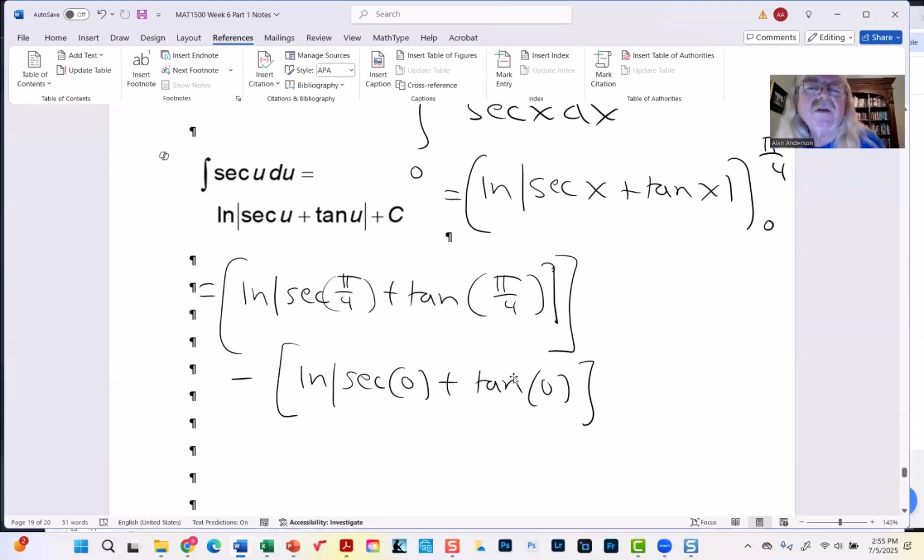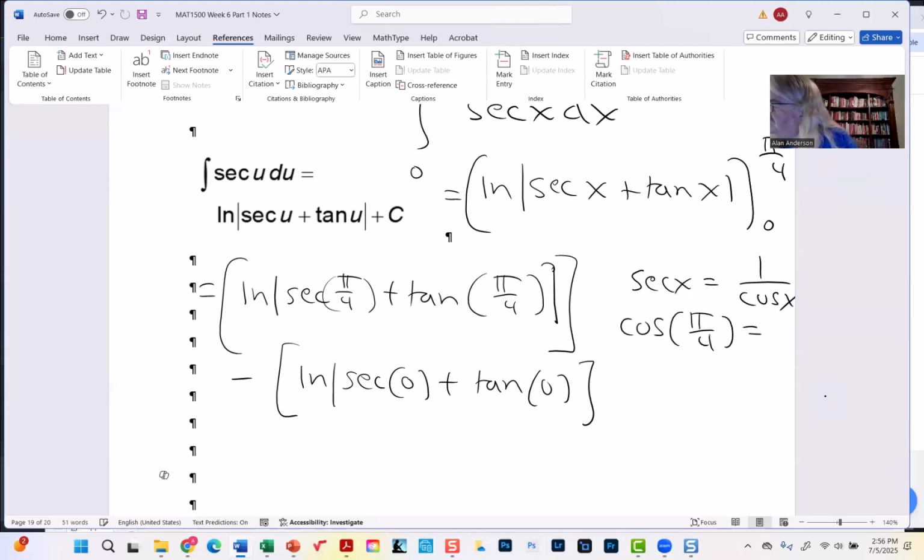Okay, now of course, the secant is a little tricky to look up. Your calculator doesn't have the secant button, but keep in mind the secant of x is simply 1 over the cosine of x. So if you look at the cosine of pi over 4, you'll get 0.70.